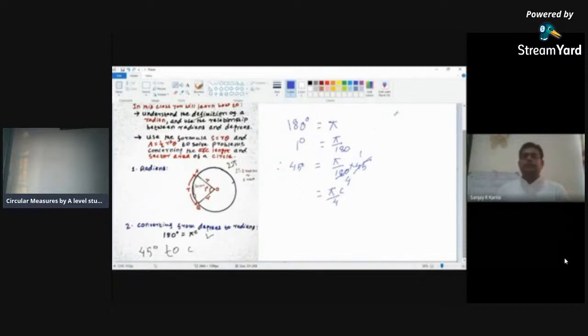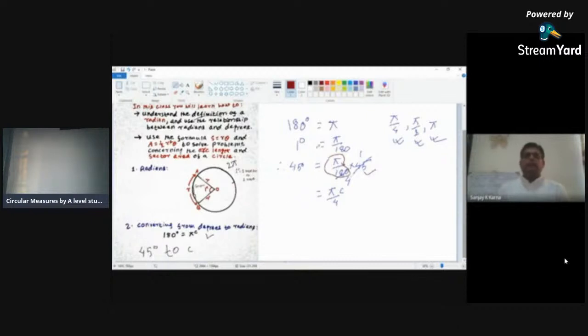In general, if it is written pi by 4 only, or pi by 2, or pi as an angle measure, then you always understand that these are in radians. So what we did in this case is that to convert degrees into radians, we multiplied the given degrees, 45, by pi by 180.